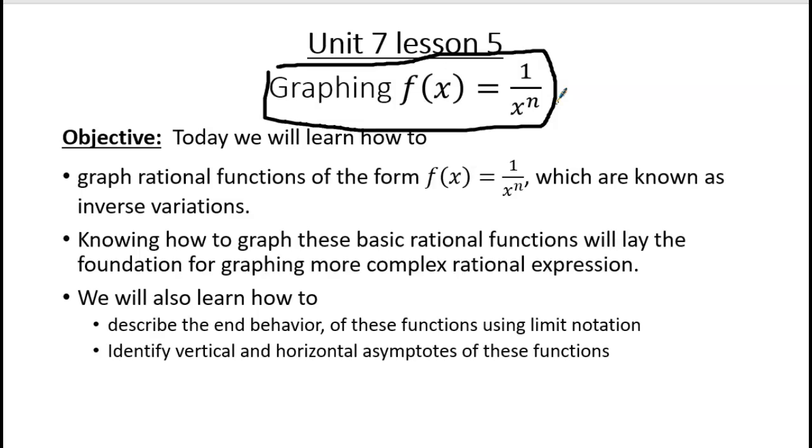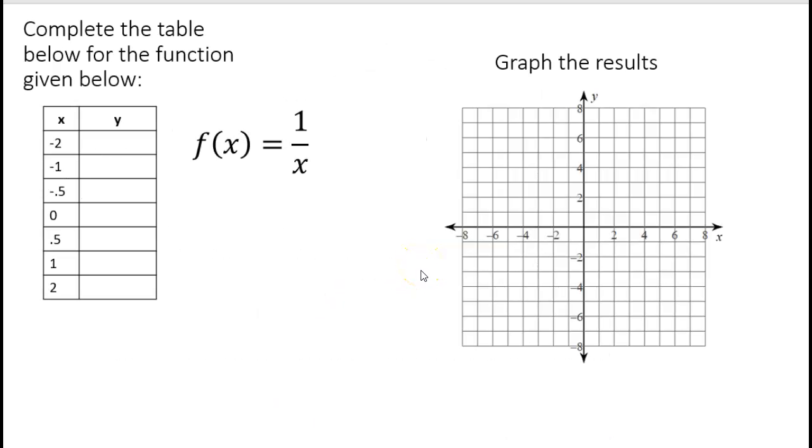Those ideas are things like how to describe end behavior with limit notation, and also how to use limit notation to describe what happens at the vertical asymptote. And we'll also identify where the asymptotes are located. So it's basically just a preliminary lesson for some stuff that we'll be getting into a little bit later. So let's go ahead and jump in and get started.